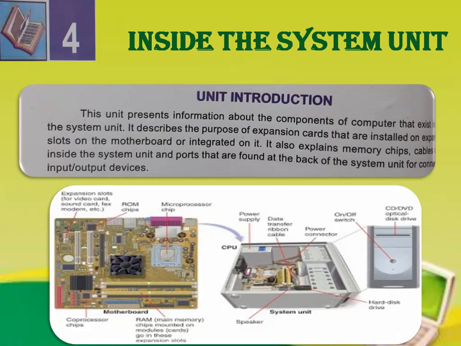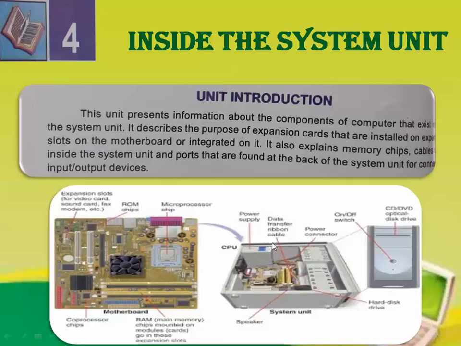It also explains memory chips, cables used inside the system unit, and ports that are found at the back of the system unit for connecting input-output devices. So basically, this chapter introduces how the system unit is compiled and how the computer system is combined with the help of different components.